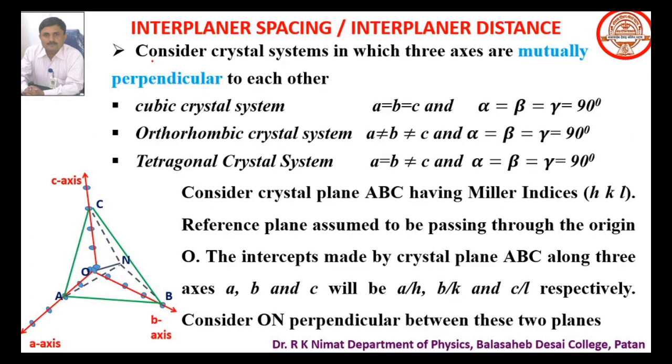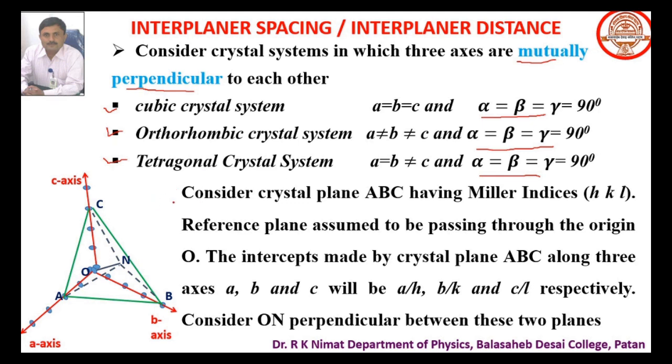Now consider the crystal systems in which three axes are mutually perpendicular to each other, for example, cubic, orthorhombic, and tetragonal crystal systems. That means the angles alpha, beta, and gamma between the crystallographic axes are 90 degrees.